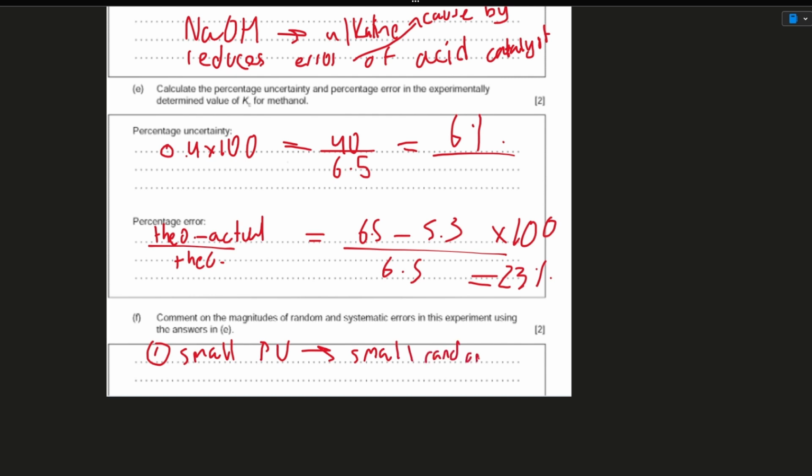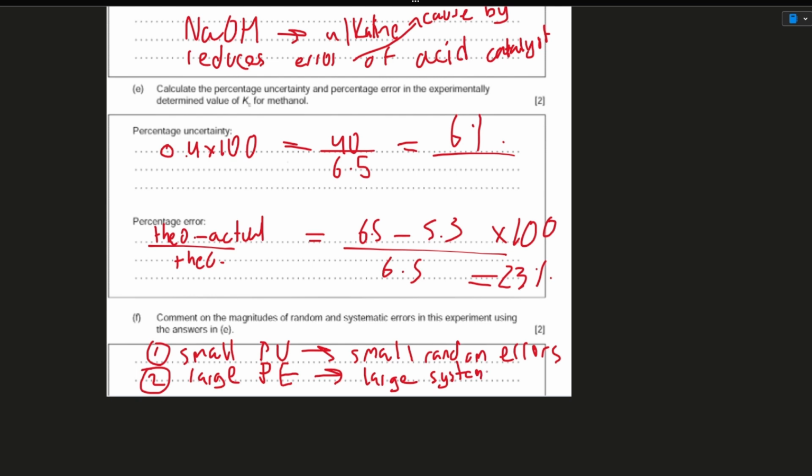And random error is basically errors caused by unknown and unpredictable changes in the experiment, not affected by the quality of the experiment. Our second point would be that there's a pretty large percentage error in the experiment, which could mean there's a large systematic error.